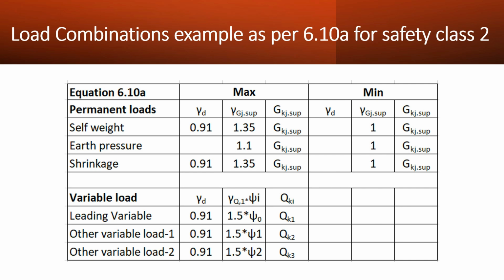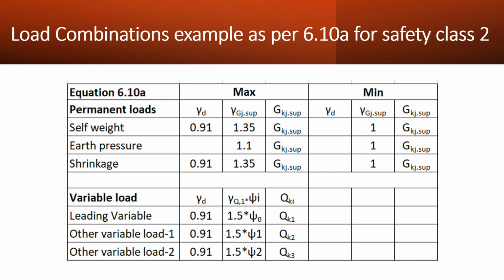And this is your leading variable load value. The other variable load is again multiplied by the safety class factor, then 1.5 into psi 1, then the second variable load 1.5 multiplied by psi 2, right? So it goes like this. Then next you have to make 3 or 4 combinations.